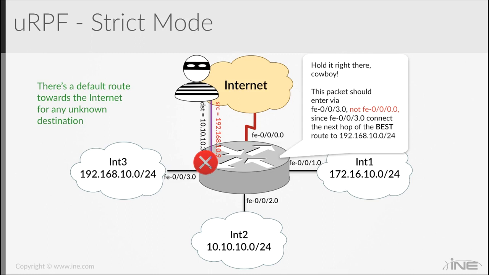So that's why it's called strict, because it says, whatever, there is a default route, but this is not a specific route towards that destination, so that packet is not allowed in. It's strictly, if it knows it has an interface towards this network, it is strictly via that interface that it'll allow packets, not via the more general route.